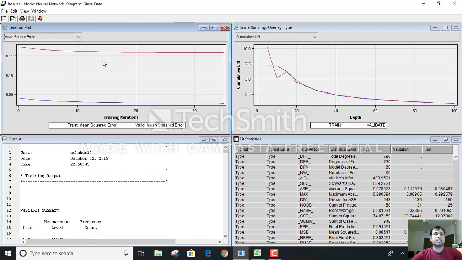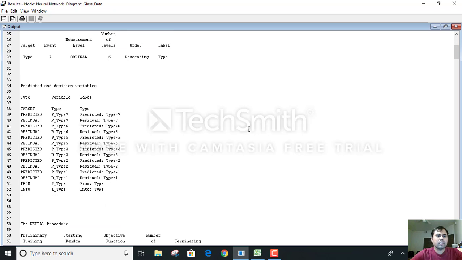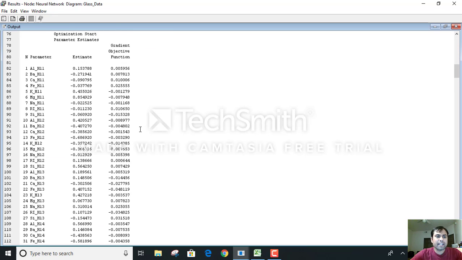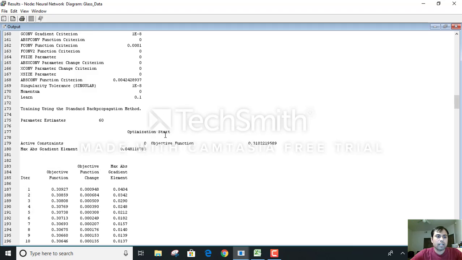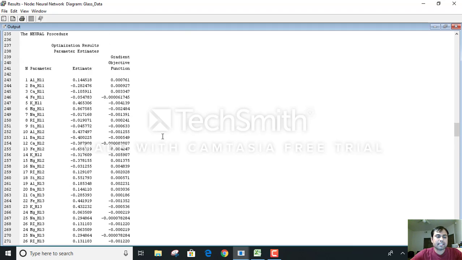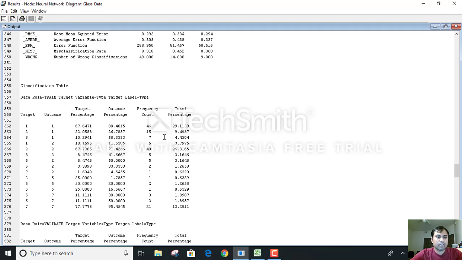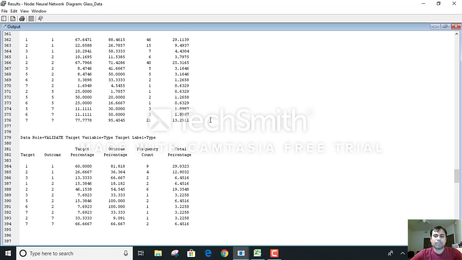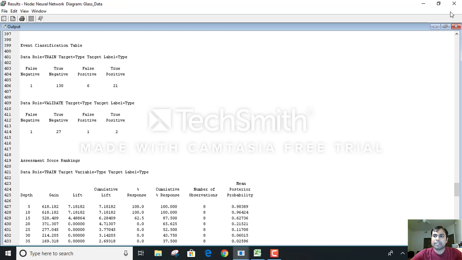So this explains our fourth concept of how to evaluate our model. Now this is the output of our neural network. Here we can see the weights and hidden layer created by our model, and these are the fit statistics associated with our neural network, and the classification table. This tells us about the false positives, false negatives, and those parameters.